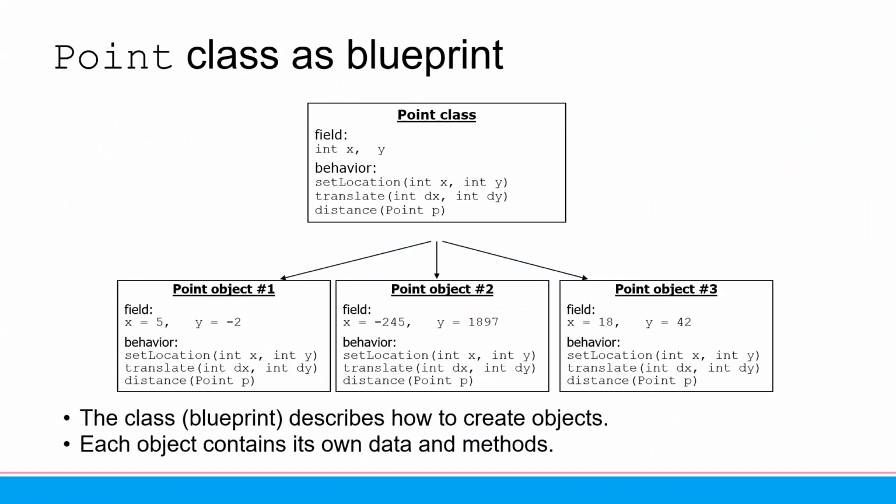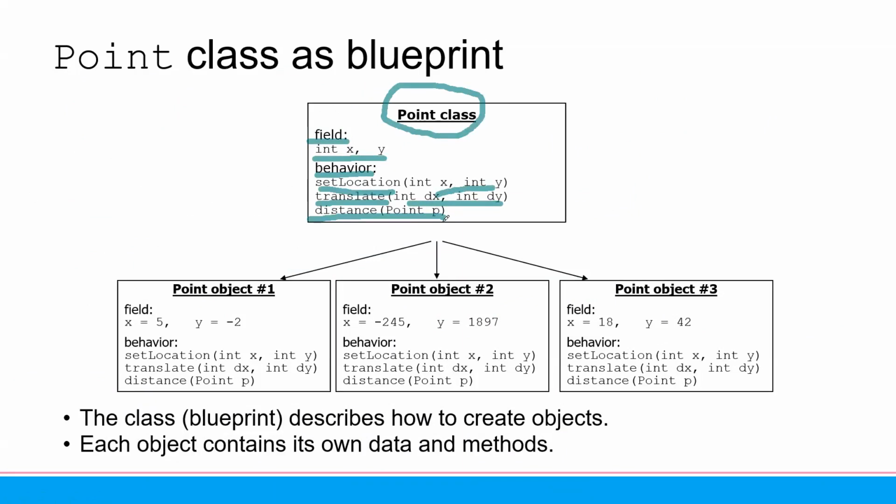So when I have a point class, let's say this one, I have the fields X and Y, and I have the behavior or the methods: setLocation, integer X comma integer Y, then translate, integer dx, integer dy, and then distance, which is point.